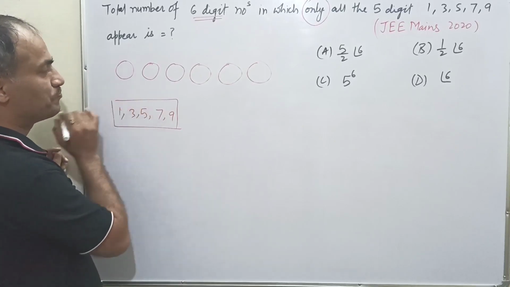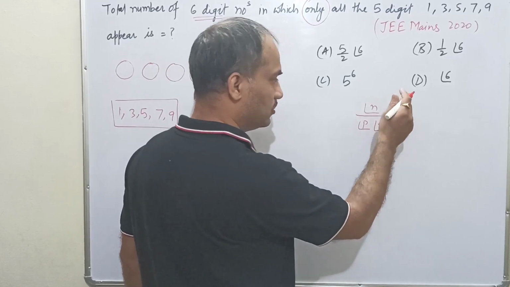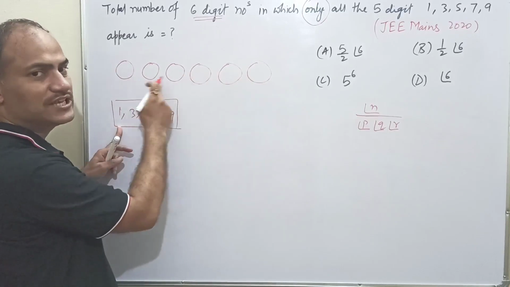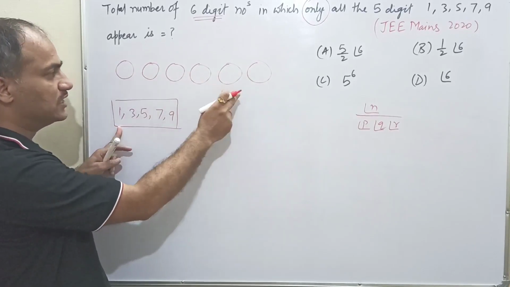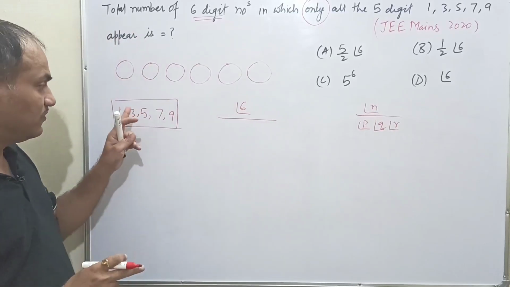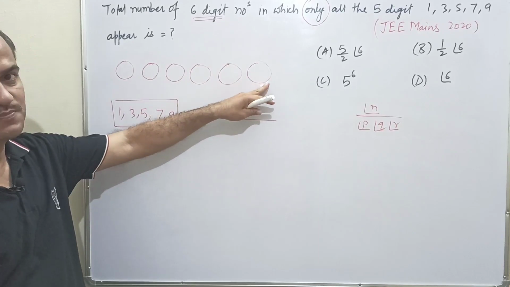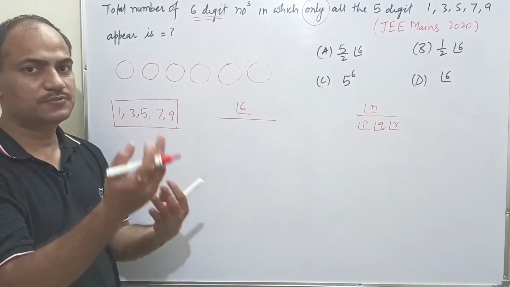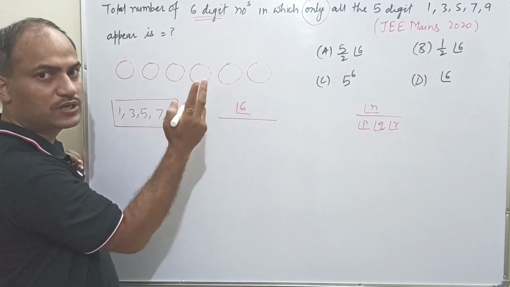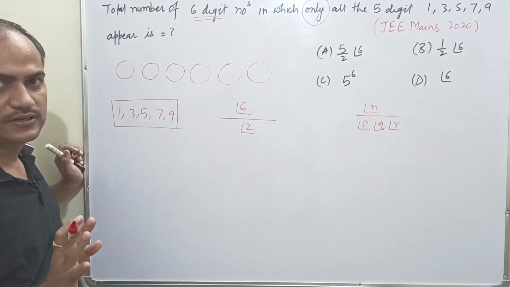According to the formula factorial n upon factorial p, factorial q and factorial r, which you are familiar with, when we have to fill 6 digits in these 6 places, there are factorial 6 ways. Since there are 6 places and we have to place 5 digits, one digit will repeat. So any one digit will repeat one more time, 2 times, and because of that factorial 2 will be divided.